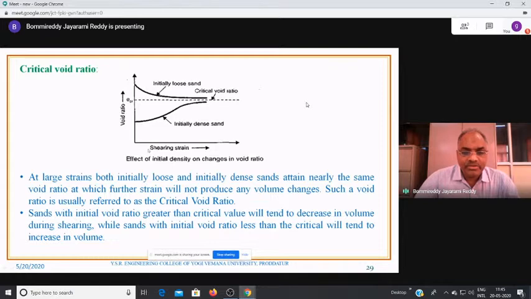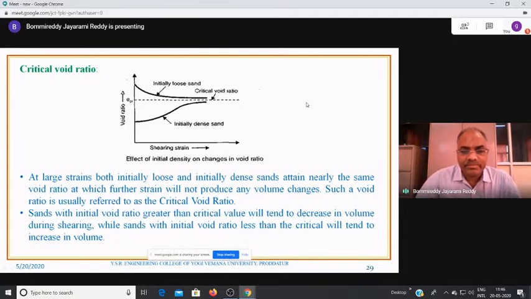When you apply shearing force, it gets strained, and the plot is drawn between void ratio and shearing strain. As the shearing strain is applied on the dense sand, it gets loosened and the void ratio increases and reaches a constant value.